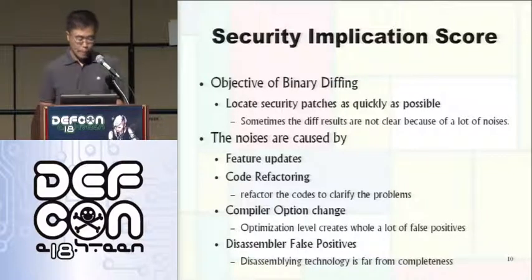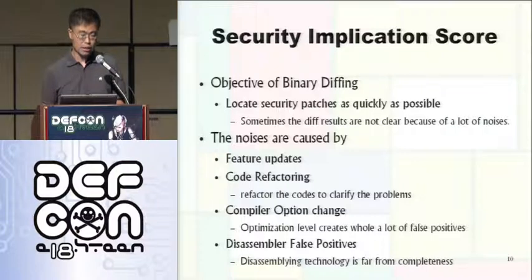And there is some noise, like noise caused by feature updates, where they didn't patch any security-related problems but just upgraded some functionality, or did some code refactoring, or changed the optimization level, and that will create a lot of false positives.